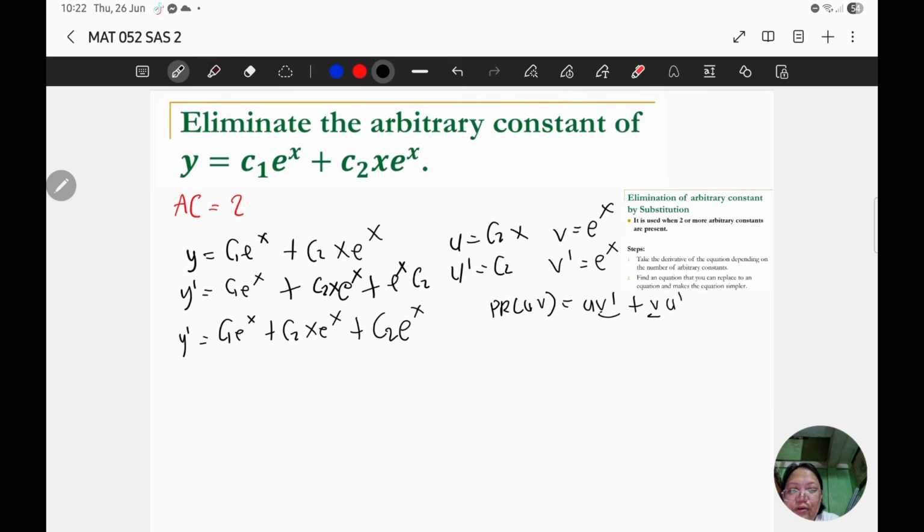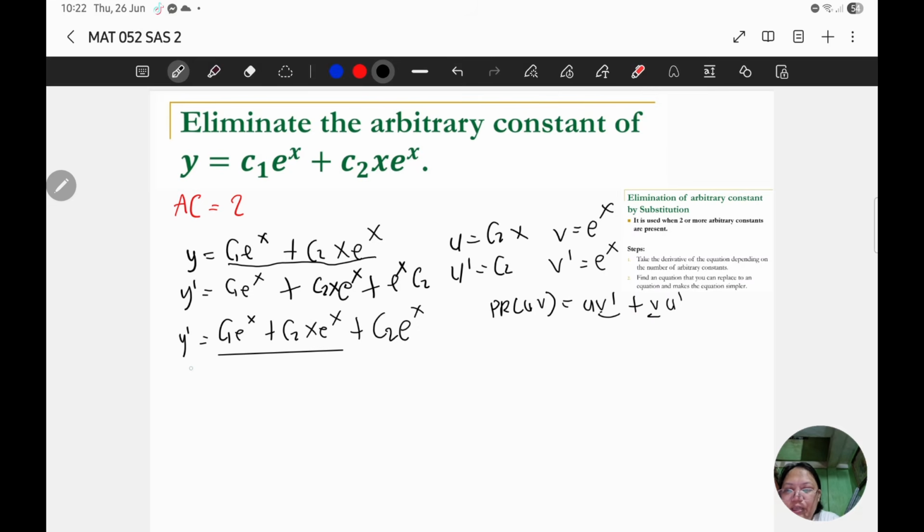Then find an equation that you can replace. So c sub 1 e to the x plus c sub 2 x e to the x is the same as in the original equation, right? We have c sub 1 e to the x plus c sub 2 x e to the x, and that is equivalent to y.